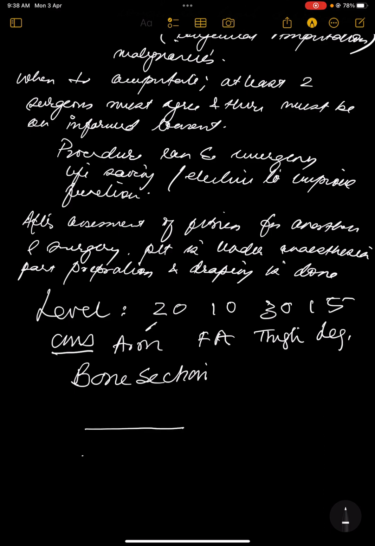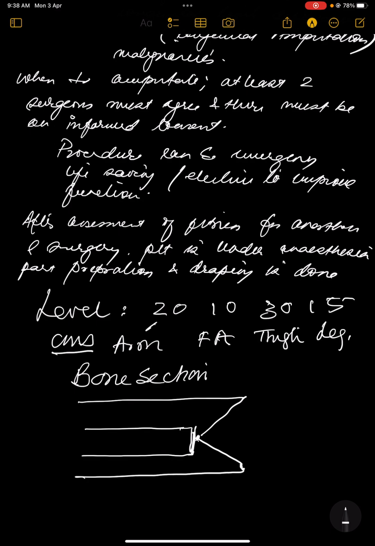Supposing this is the bone and this is the soft tissue, from the center of the bone, you want to cut the soft tissue in a manner so that there is a 45-degree angle here.